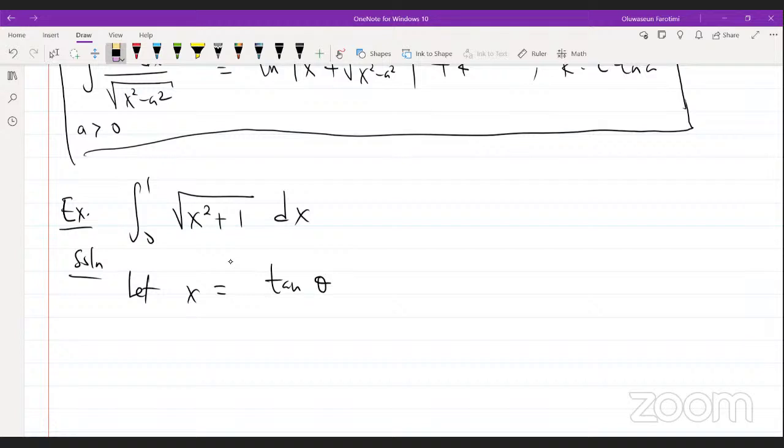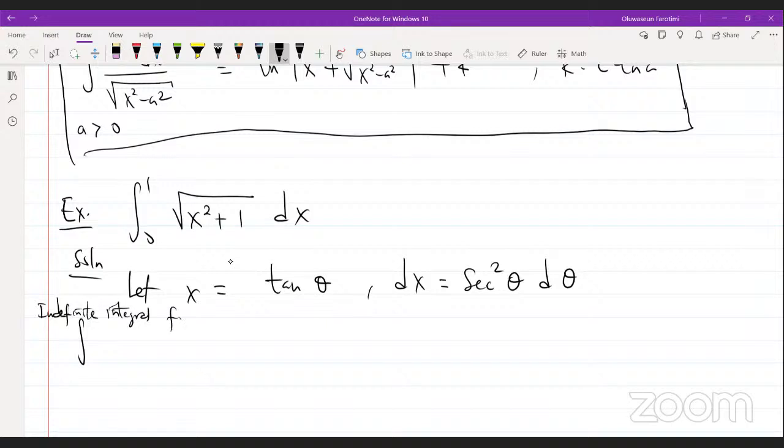But just like before, what is going to be your dx? The derivative, this is going to be secant squared theta d theta. So I can start by dealing with the indefinite integral first, just to make things easy for myself, right?